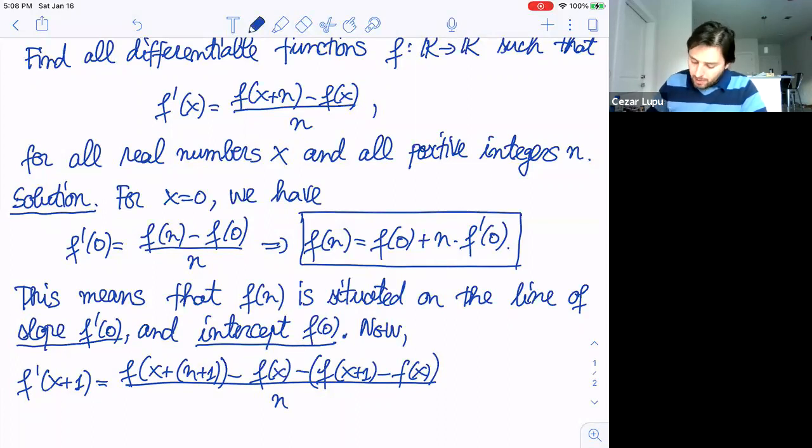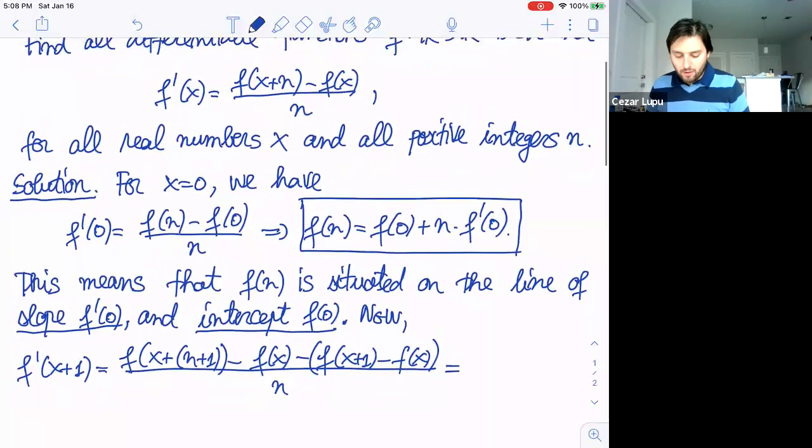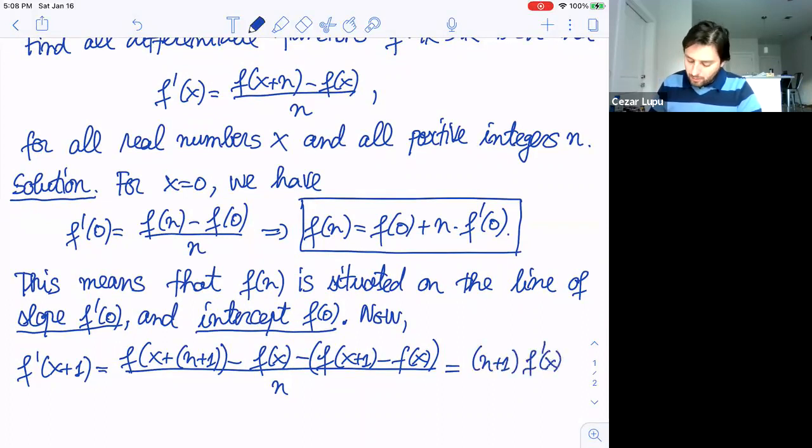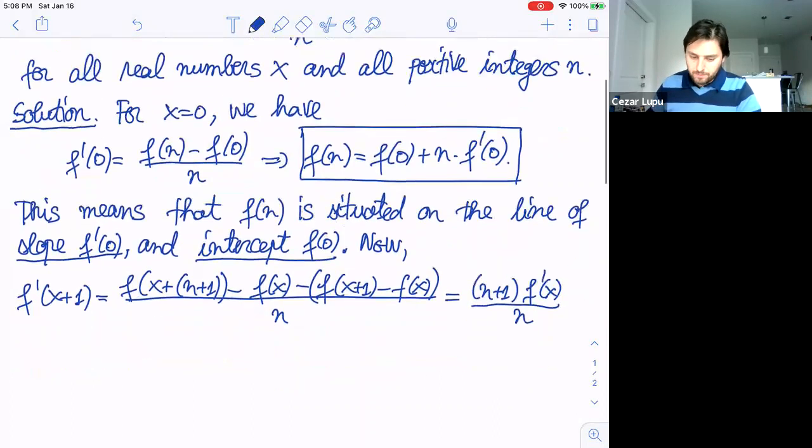All right, great. But now if we look again, we can write this further on, and this would be nothing else than n plus 1 times f prime of x, everything over n, minus f prime of x over n.